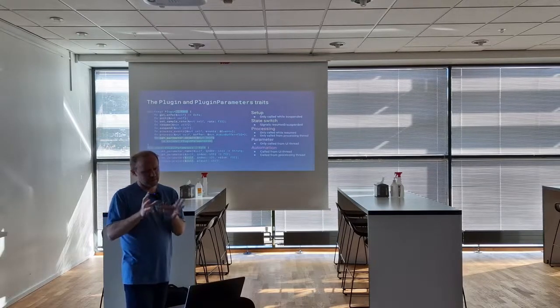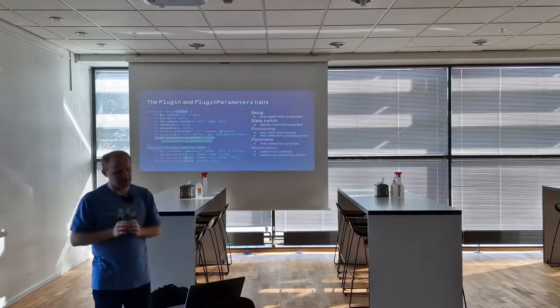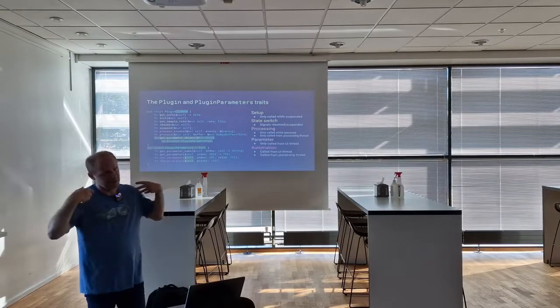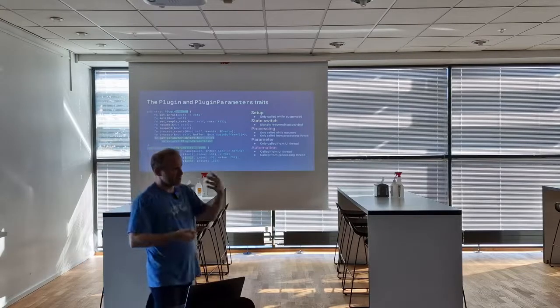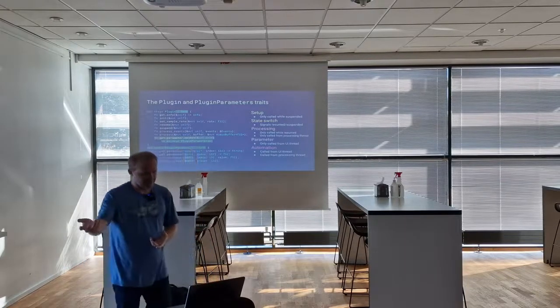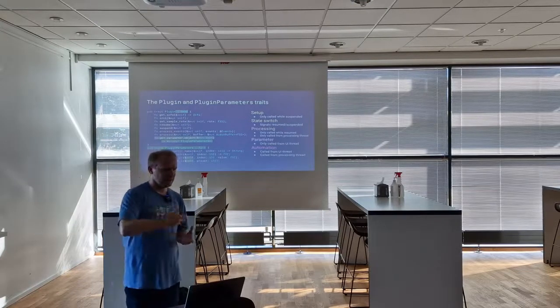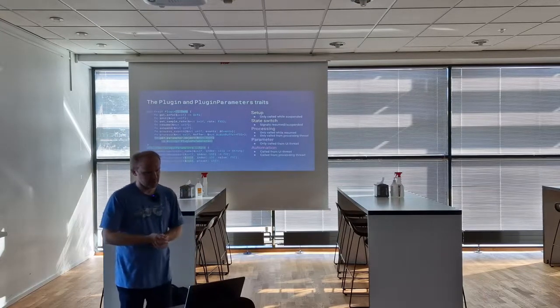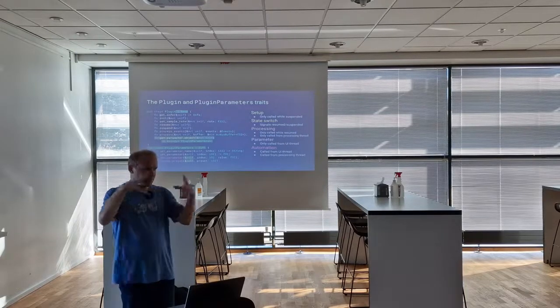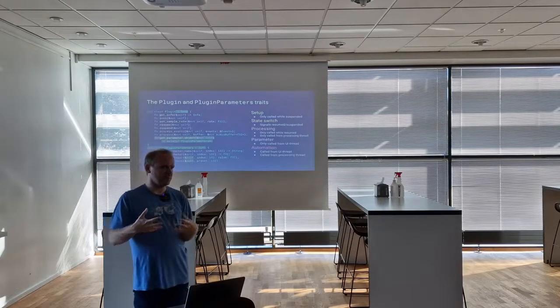And as you can see here, I've highlighted the new things. So you have the plugin, and then the framework will ask the plugin for its parameter object, and it will return an object in an Arc. So a trait object that encapsulates the parameters for this particular plugin.